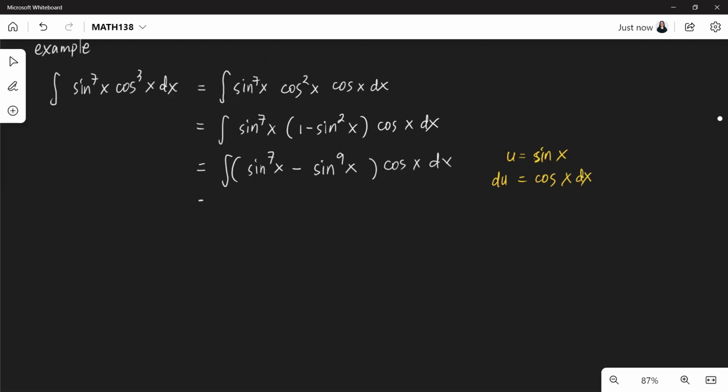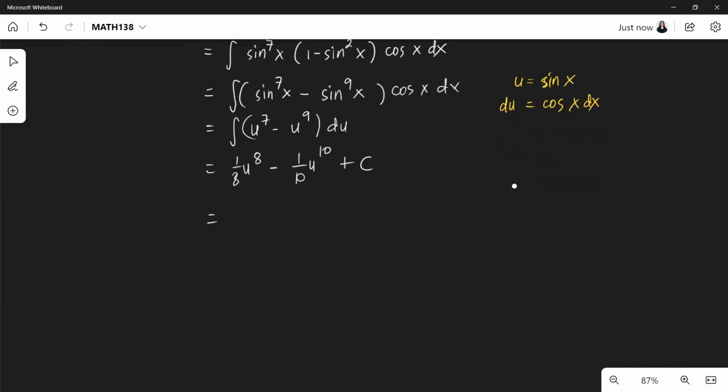So we now integrate u raised to the power of 7 minus u raised to the power of 9 du. So we have u to the power of 8 over 8, that's 1/8 u to the power of 8, then minus 1/10 u to the power of 10, then plus c.